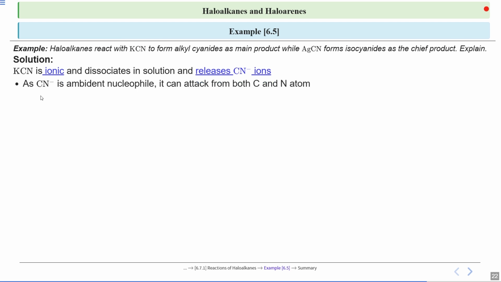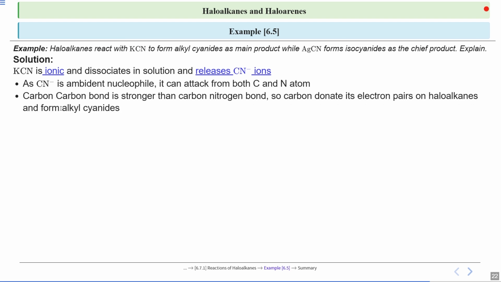Because cyanide, that is CN negative, is an ambident nucleophile, that means this cyanide ion has the ability to attack the substrate, that is the alkyl group, through different sites. It can attack from both the carbon and the nitrogen atom. The carbon-carbon bond is stronger compared to the carbon-nitrogen bond.